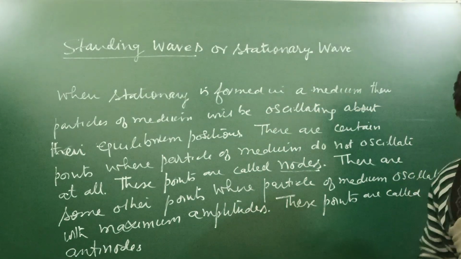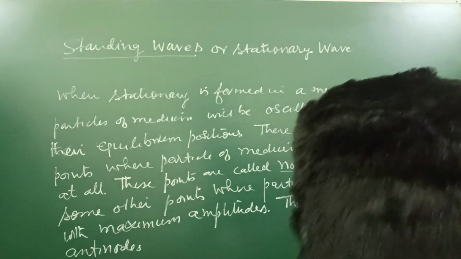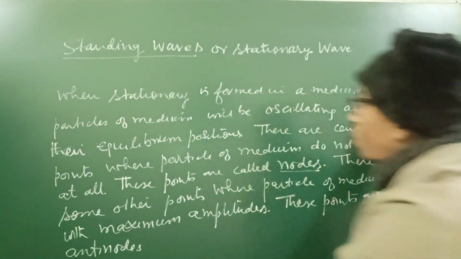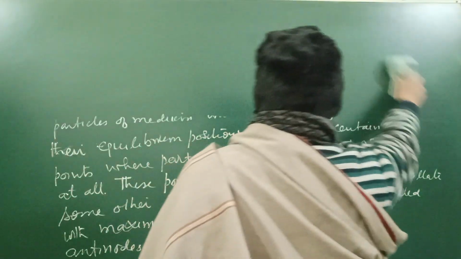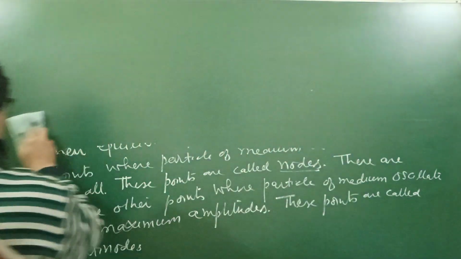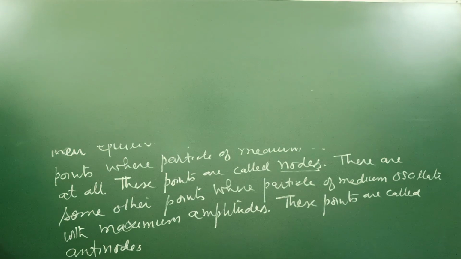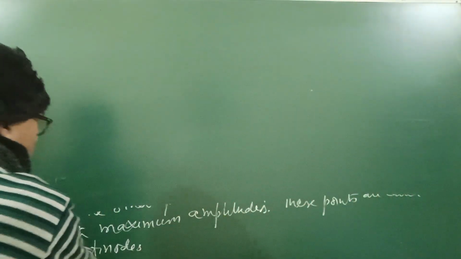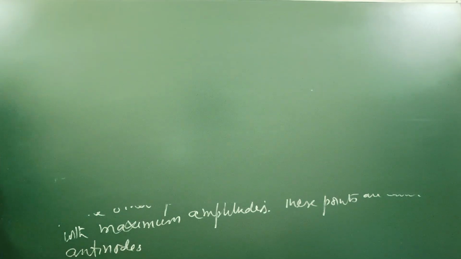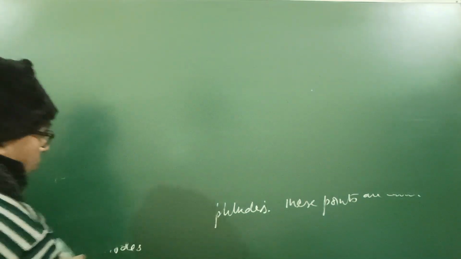So at some points the amplitude is 0. Those points are called nodes. At some other points the amplitude of vibration is maximum. Those points are called antinodes. At antinodes, particles have maximum amplitude of vibration.